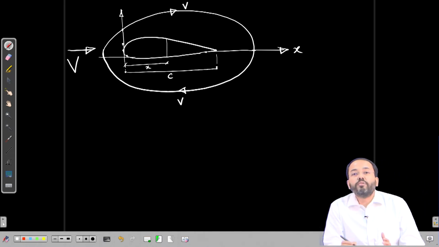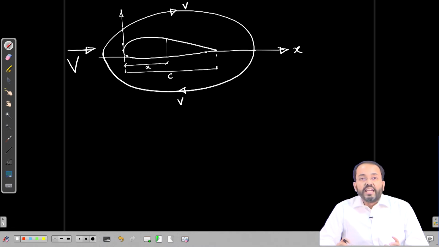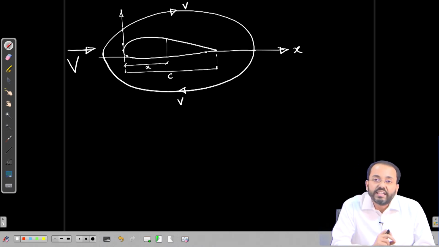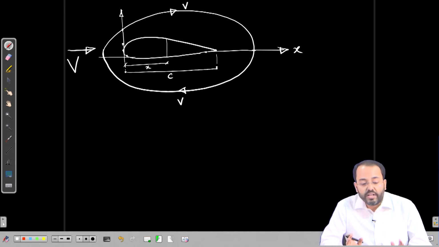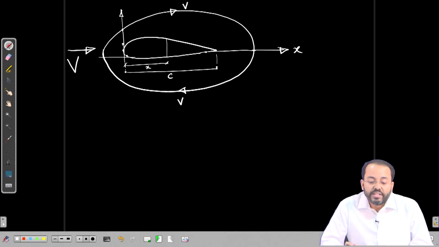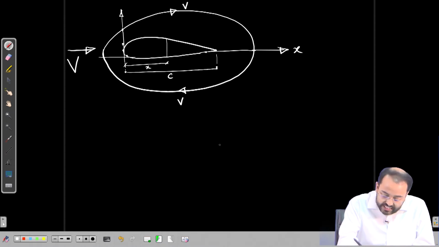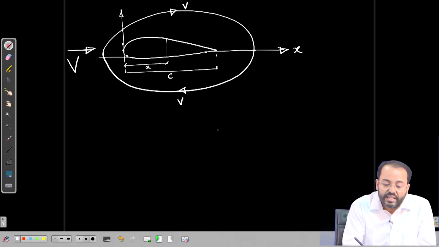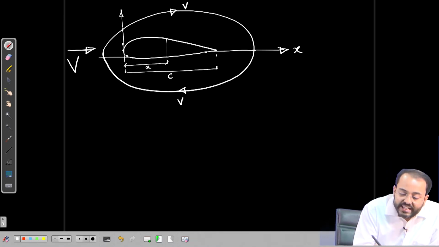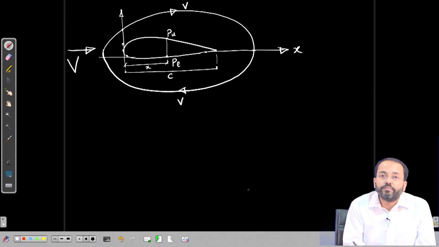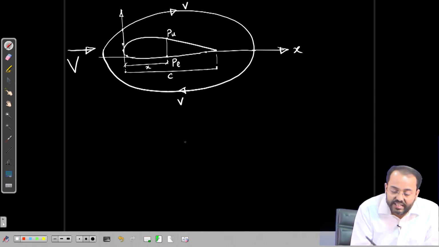So, the circulation as we see is basically the line integral of the velocity around a closed contour about the airfoil. So, small v is the tangential velocity induced due to the circulation. Let at any location x the pressure on the upper surface be Pu and on the lower surface of the foil be Pl.